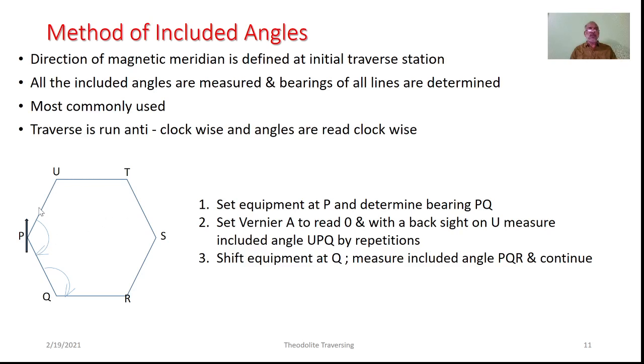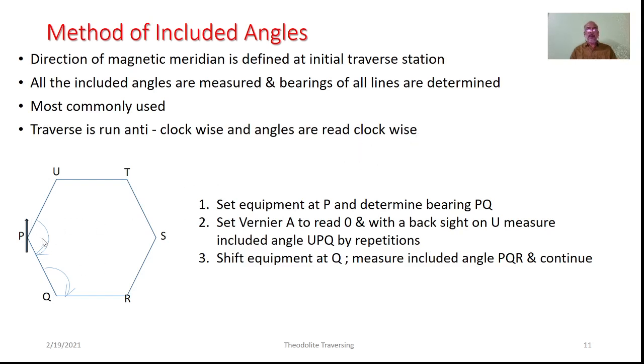The traverse is run in the anti-clockwise direction, P to Q, Q to R, R to S, and so on, whereas this is done in order to measure these angles in the clockwise direction.